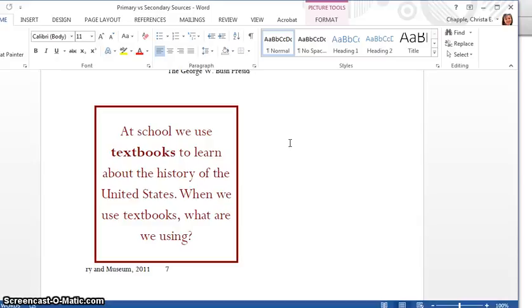They're not written during the time in history that they occurred, but they do reference primary sources in them. You might see an original document in a textbook. You might see original paintings in a textbook. So textbooks could contain pieces of primary sources, but overall the textbook is a secondary source.